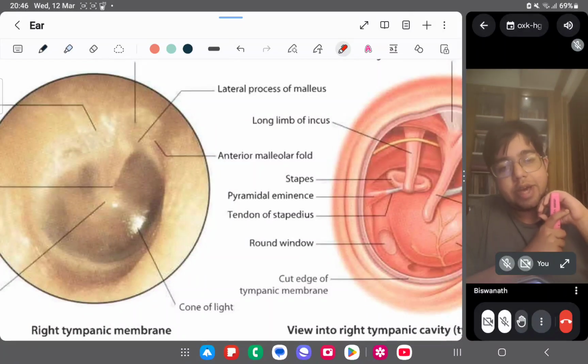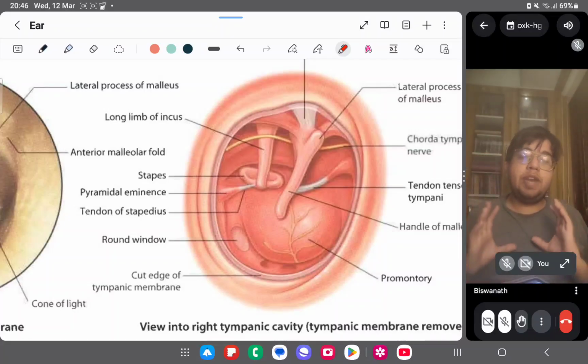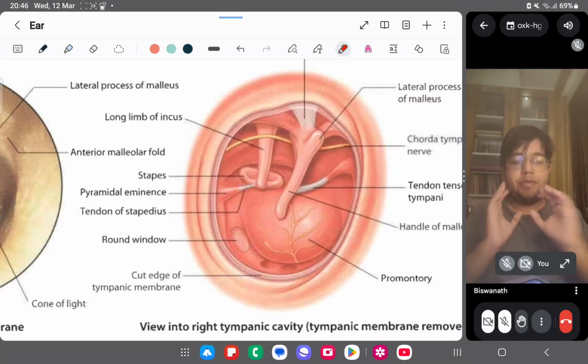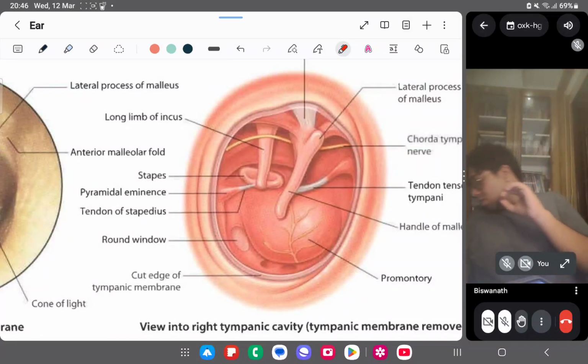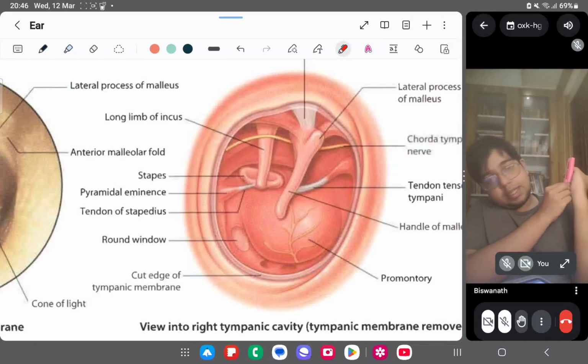So from the inner view, malleus will be like this, and tympanic membrane will be like this.